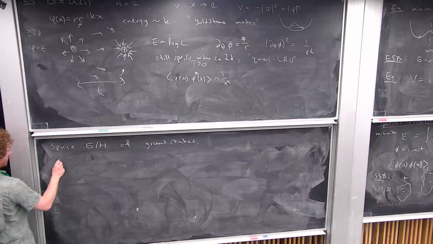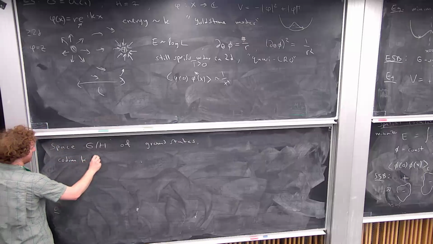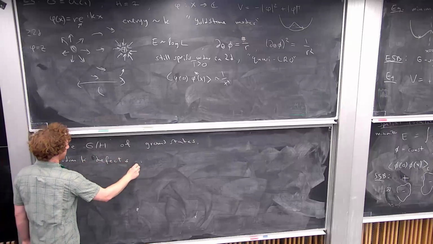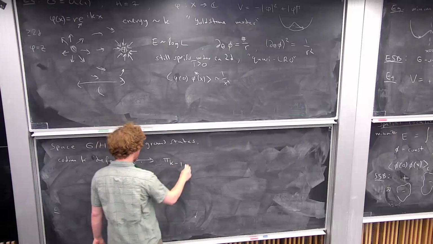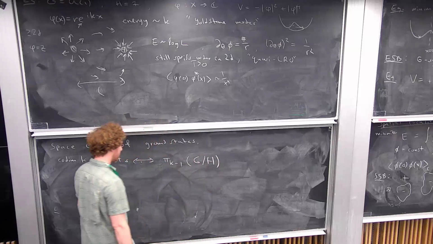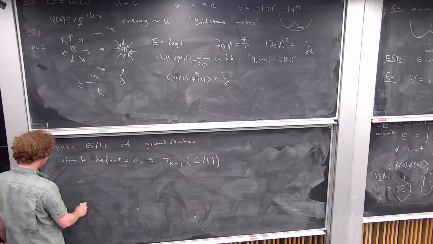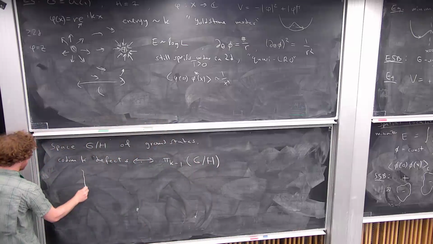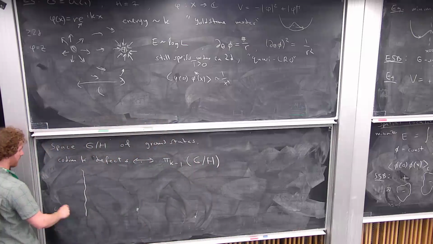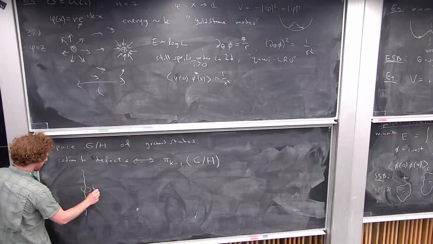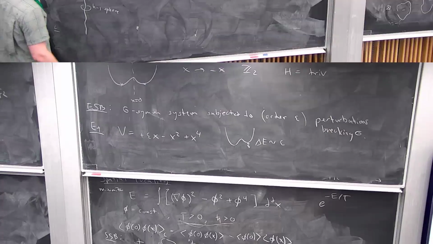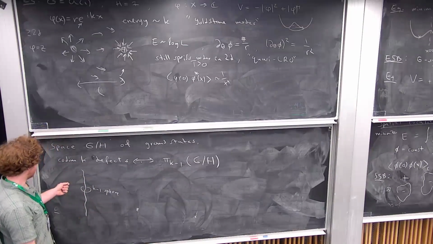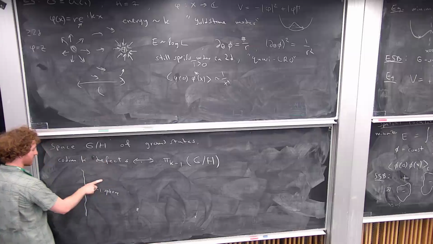Then codimension K defects correspond to elements of pi K minus 1 of G mod H. If you have a defect, plot is like this line, there will be some K minus 1 sphere linking it. Now, away from this defect, the system is approximately in one of these ground states.